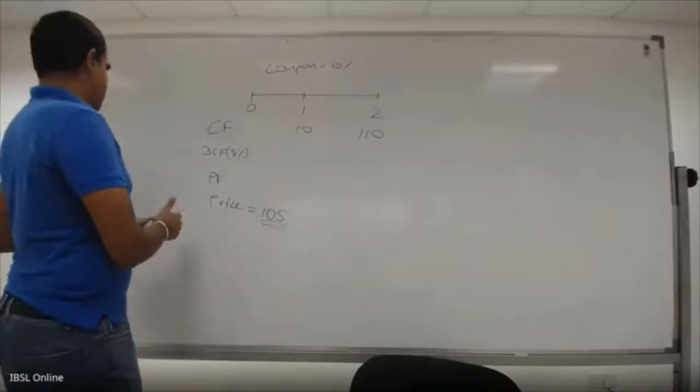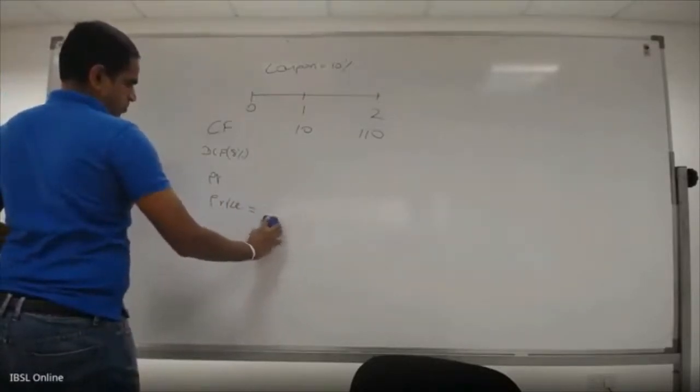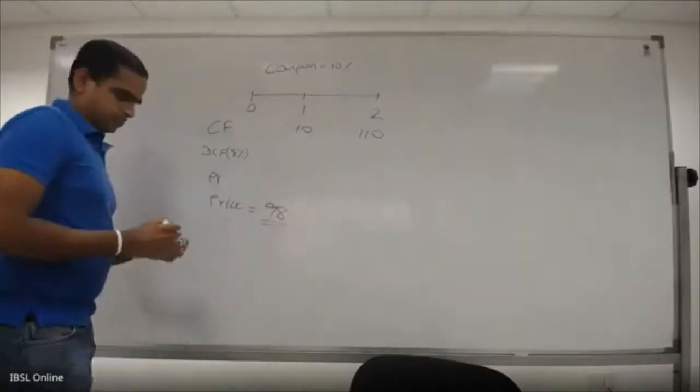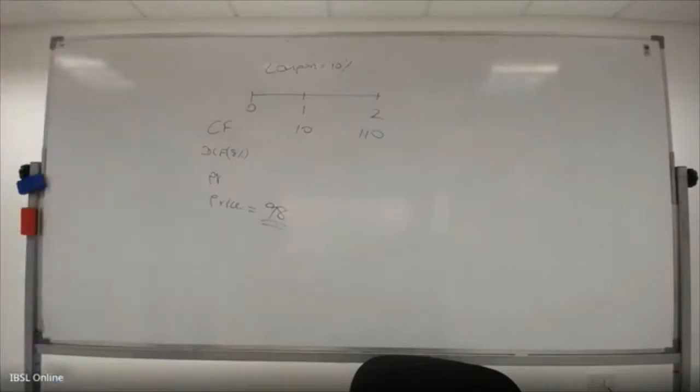Okay, could I have said the price is 98? Could I have got a price of 98 for this? What do you all think? Could we have got a price of 98?